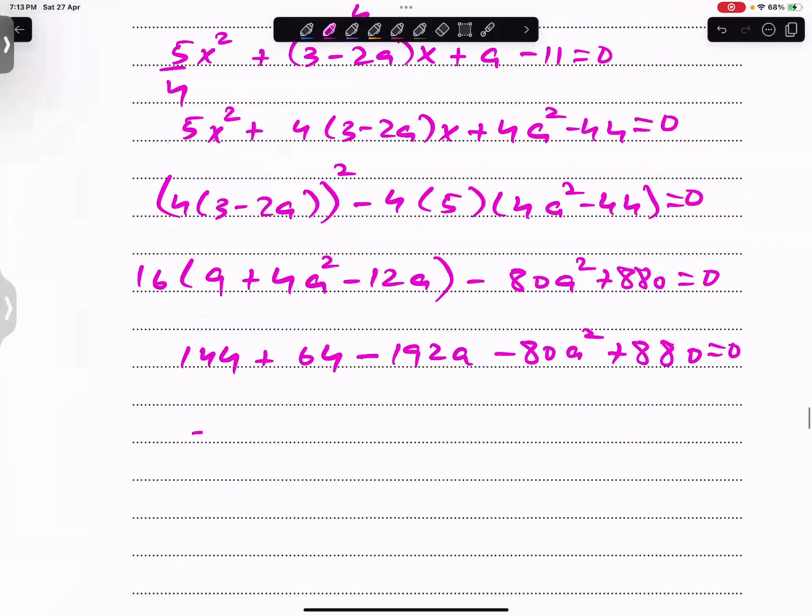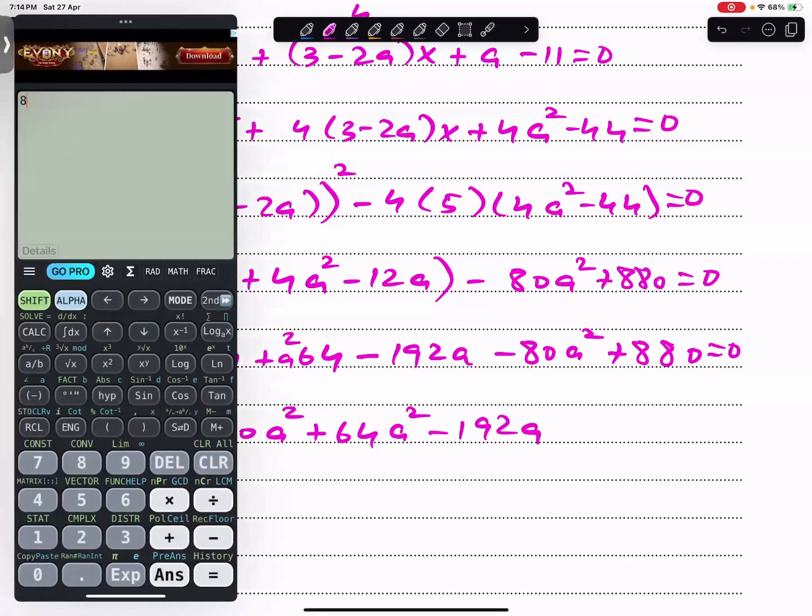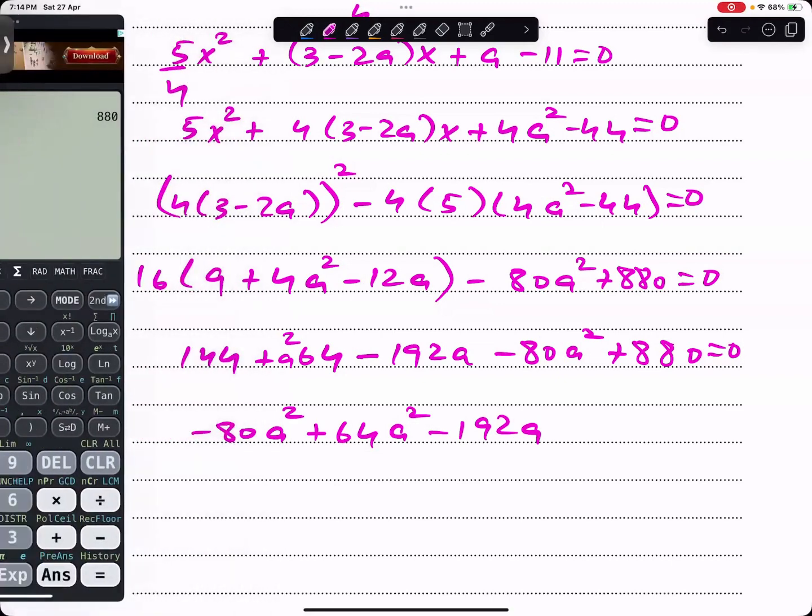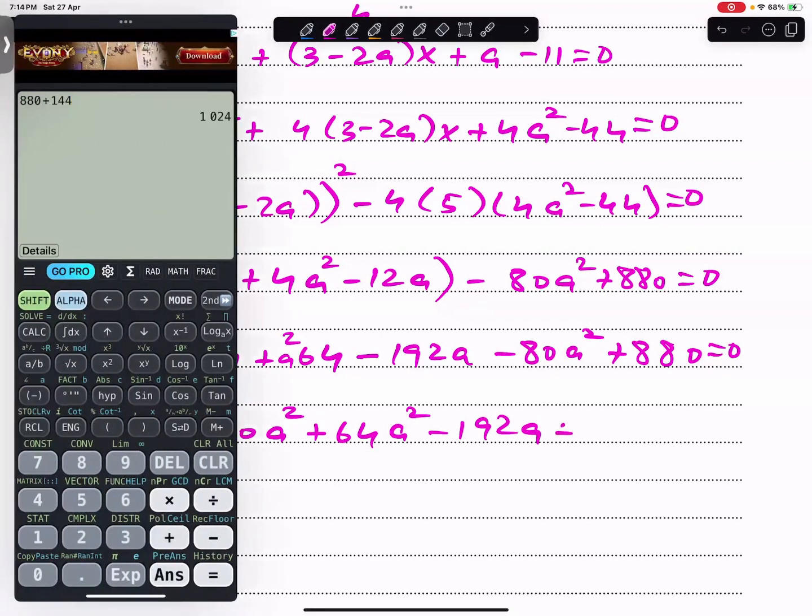So this will be minus 80a square plus 64a square. And is there any other a? No, minus 192a. 880 plus 144 plus 1024 equal to 0.